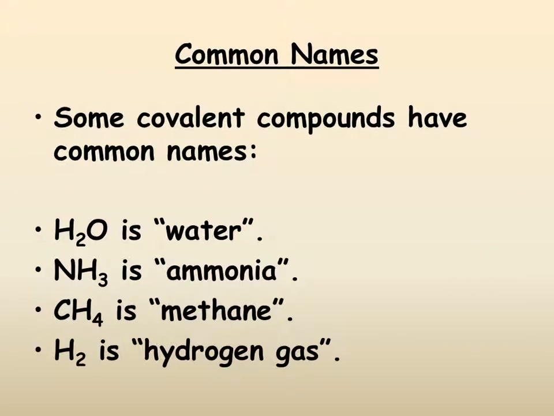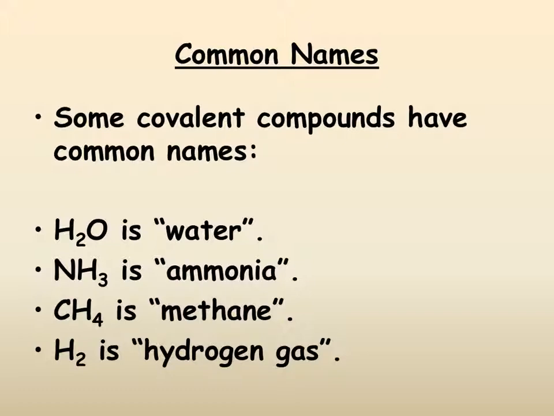Sometimes you will run into things that have common names. The naming with the prefixes and everything is the standard, no matter what language you're speaking, whereas common names can change based on the language. So H2O, or dihydrogen monoxide, we call water.